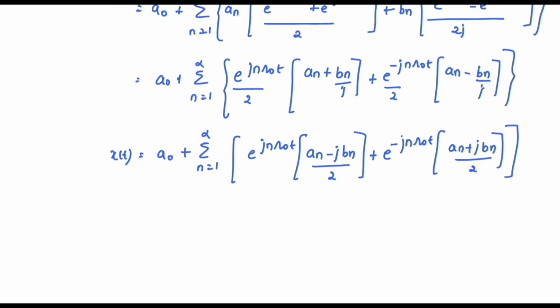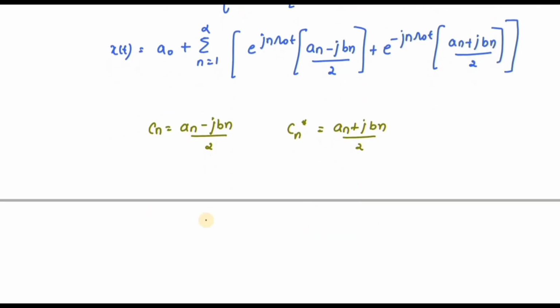So from this I can write cn as an minus j bn divided by 2, whereas c minus n is the complex conjugate of this one, cn complex conjugate, which is an plus j bn divided by 2. Okay, so just substitute in this equation.